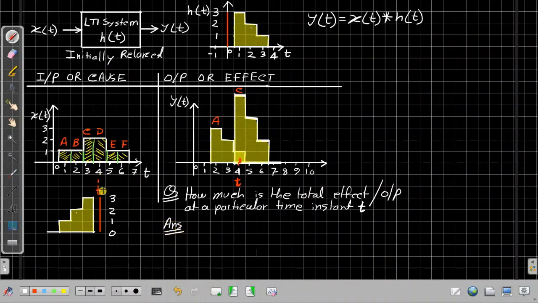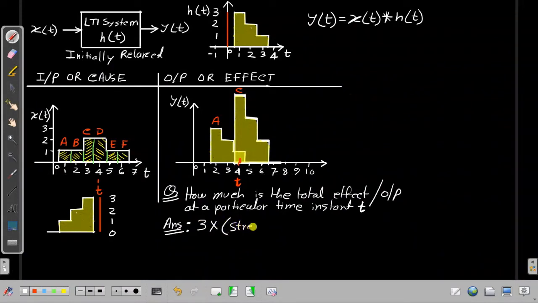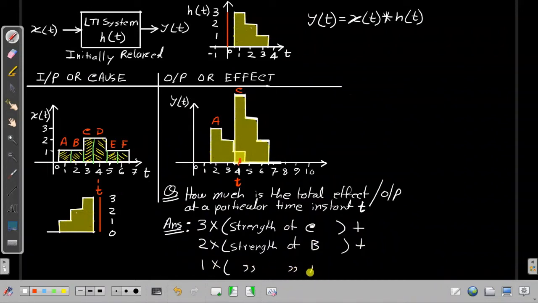The total effect will be 3 multiplied by the strength of this slice C, plus 2 multiplied by the strength of slice B, plus 1 multiplied by the strength of slice A. So the total effect at T is 3 multiplied by the strength of C, slice C, plus 2 multiplied by the strength of B and 1 multiplied by the strength of A.